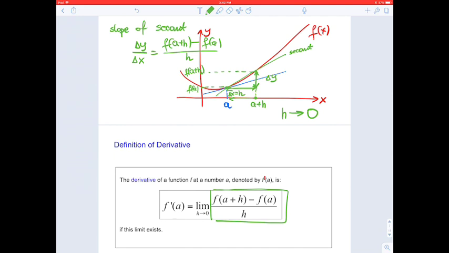So h approaches 0, almost 0, and then this formula together with the h definition means the slope of the tangent line. Graphically, please remember, the derivative means the slope of the tangent line at the point a, f prime at a. We also learned that this limit has a lot of applications. That's the reason that we have a special name, derivative, and a special notation, prime, f prime.